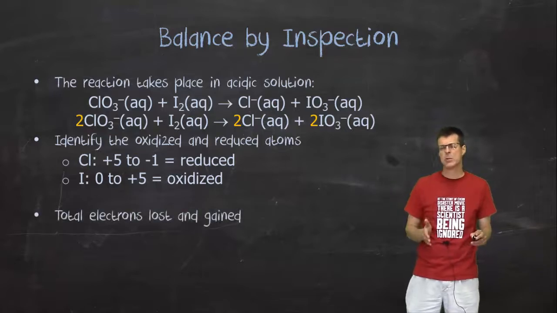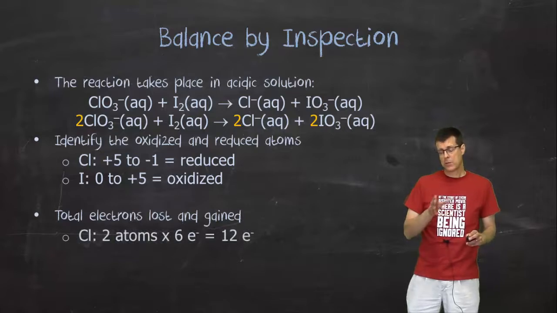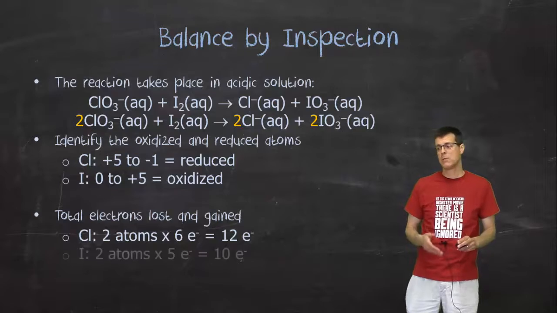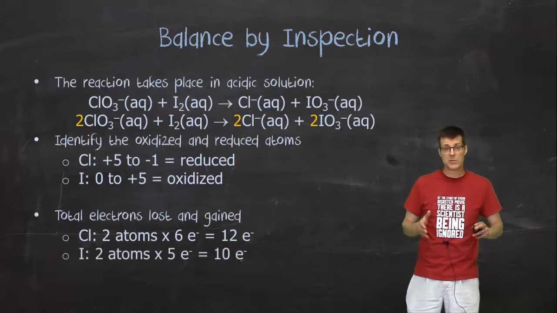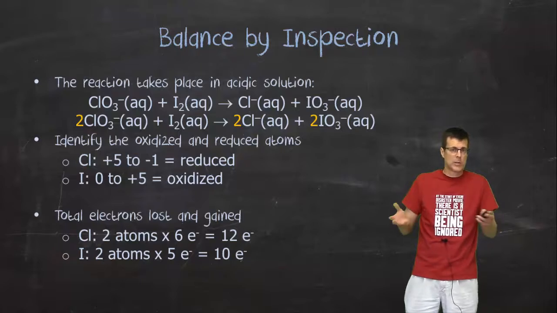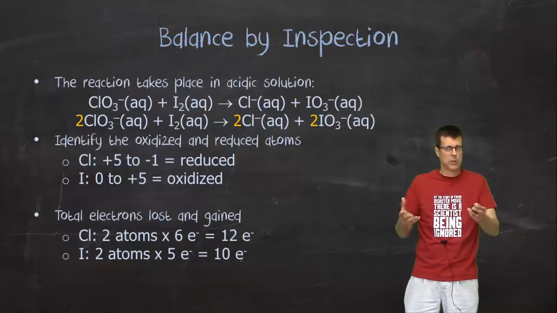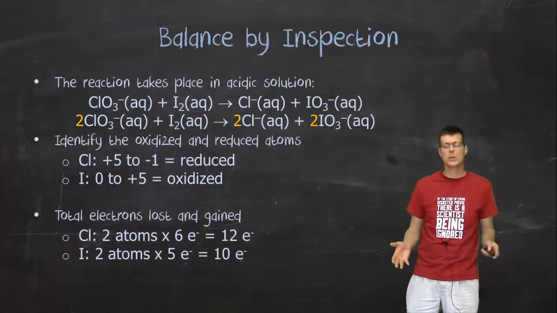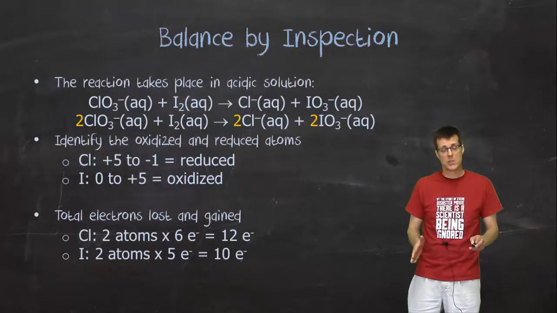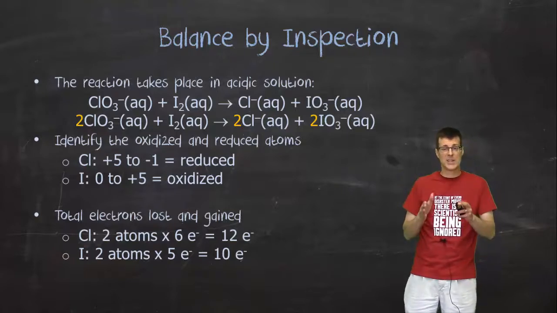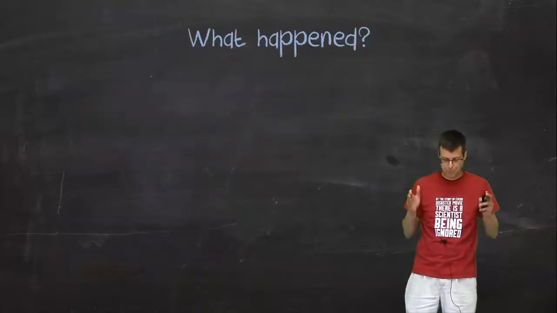If I count up the total electrons lost and total electrons gained, chlorine has had a movement of 12, iodine has only had a movement of 10, so the electrons are not balanced. Now I can't just have electrons being gained out of nothing, and I can't have them disappear into the great void. I have to have the electrons balanced. So even though this reaction looks balanced, it's not balanced.